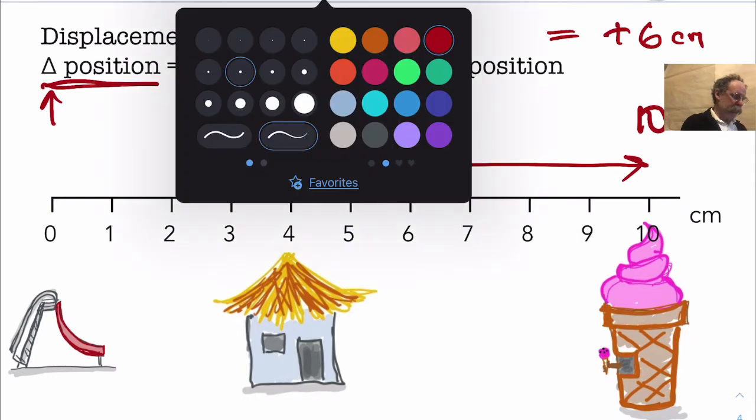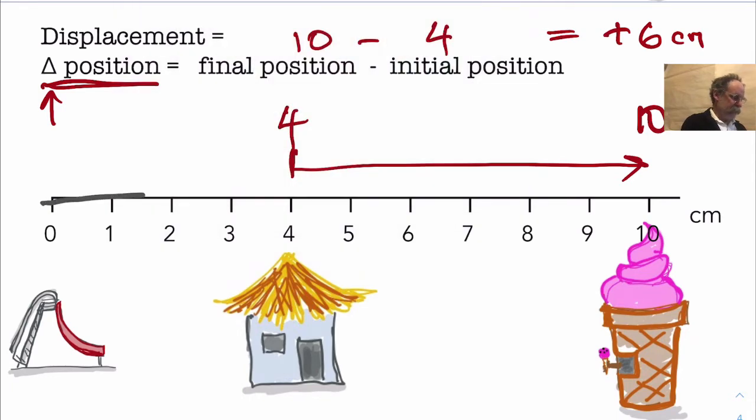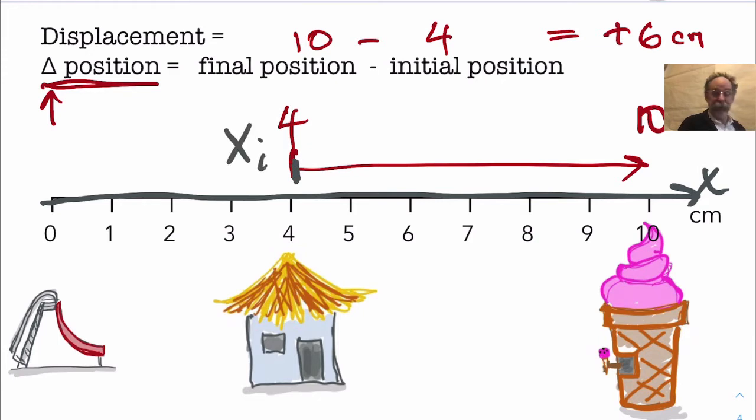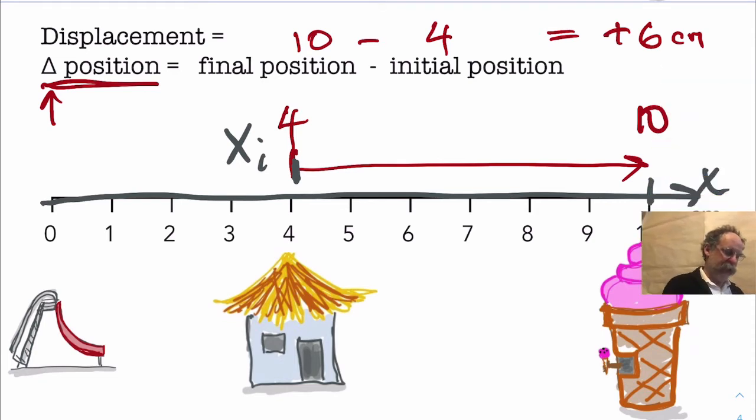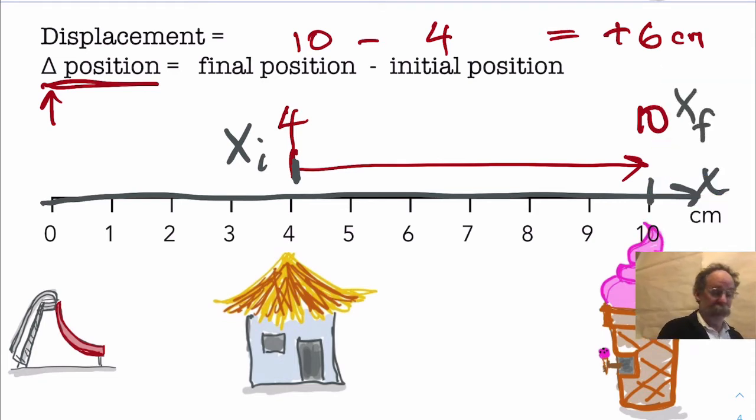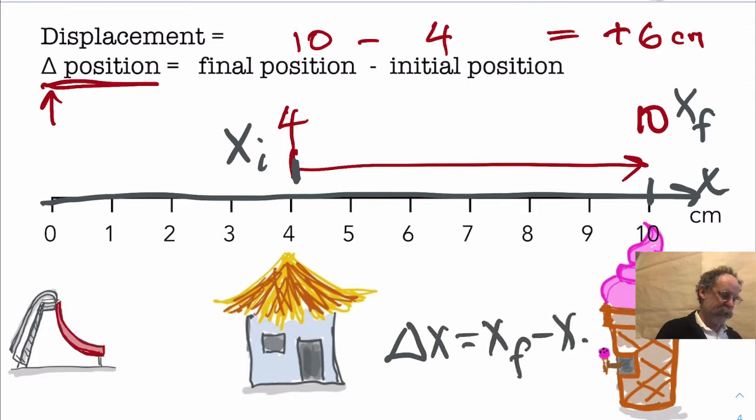Sometimes you'll see people, because this number line here in math is often called x, so the initial position is x with a little i to mean initial, the starting position, and the final position is x with a little f to mean final position. Sometimes this gets written, change in position, as delta x equals x final minus x initial.